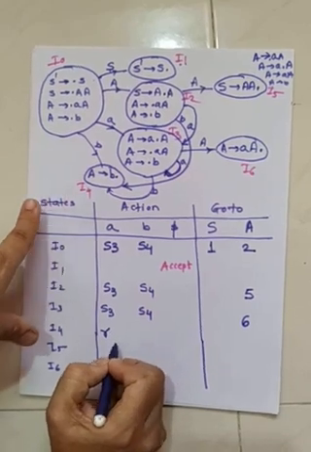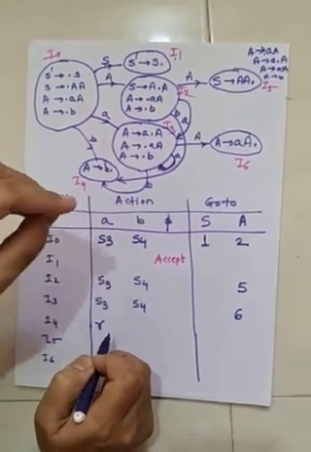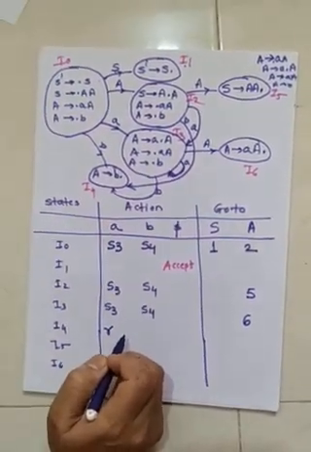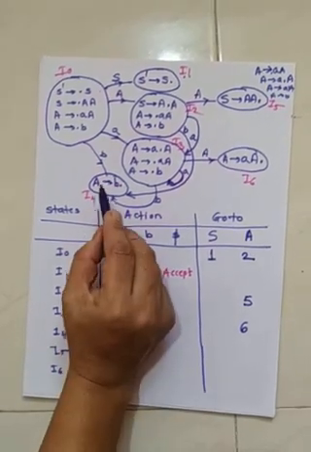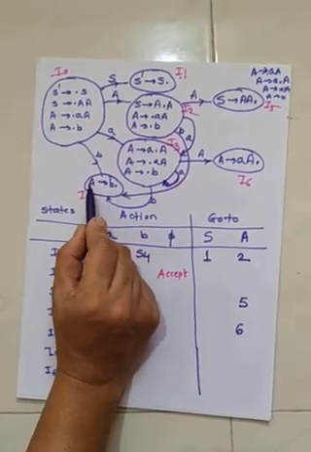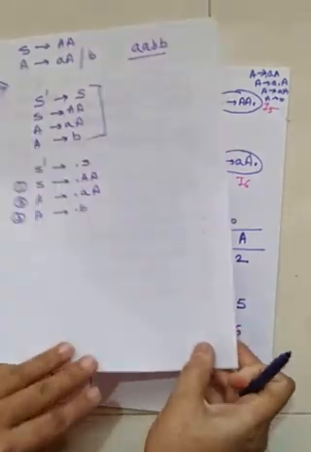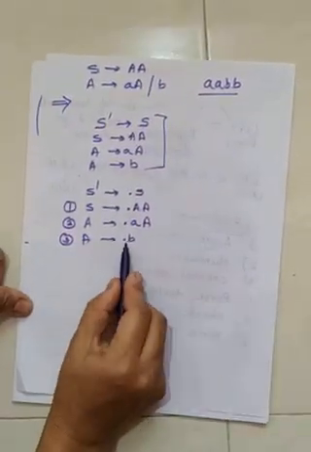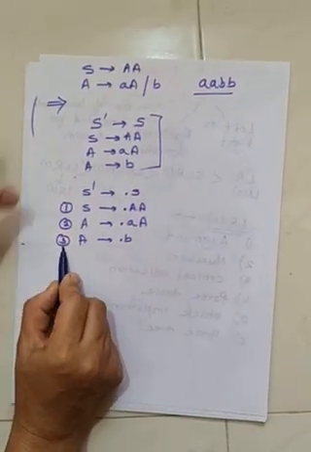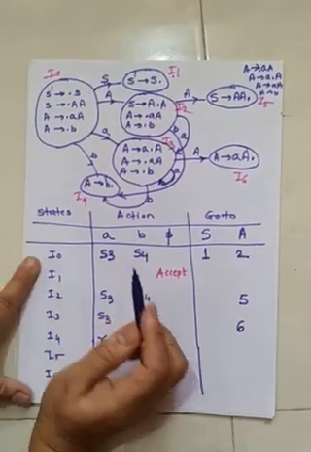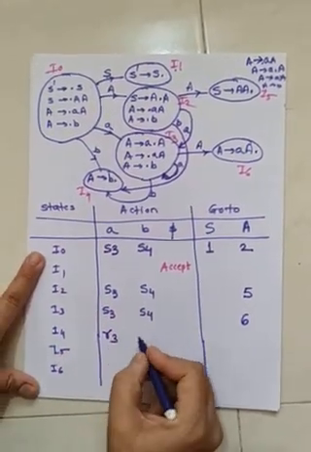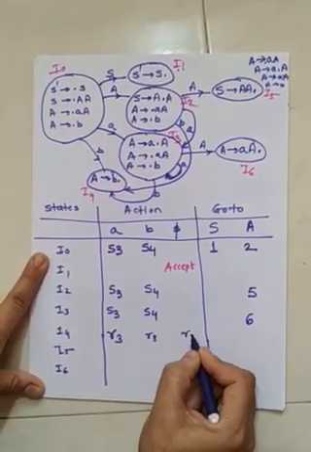That number we can find from the number of productions. So for the final state, what is the production? A is producing B, and in our grammar A producing B has number 3. So directly we can write R3 here in all the columns.